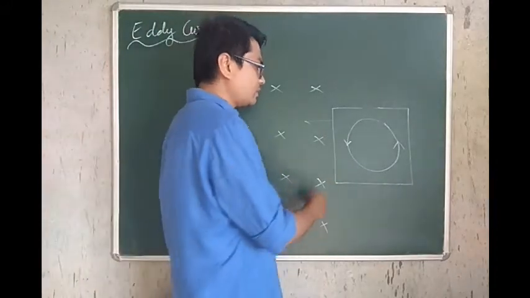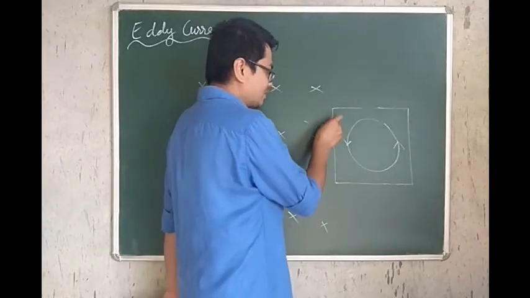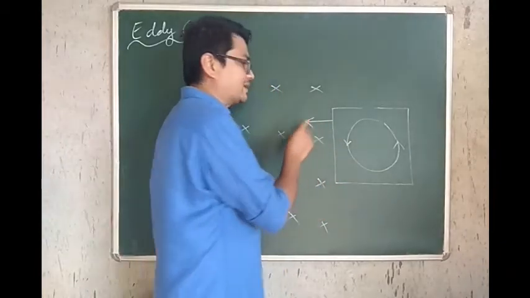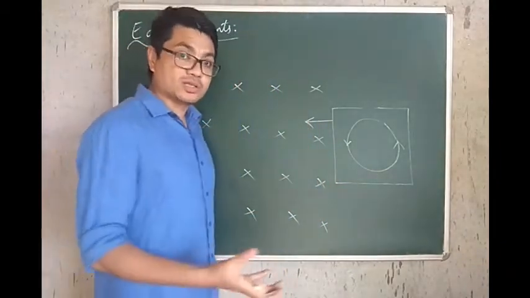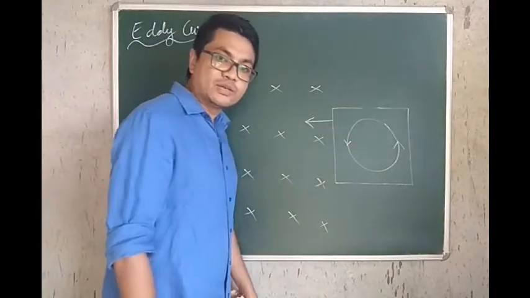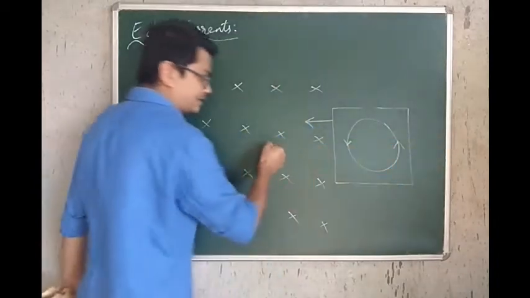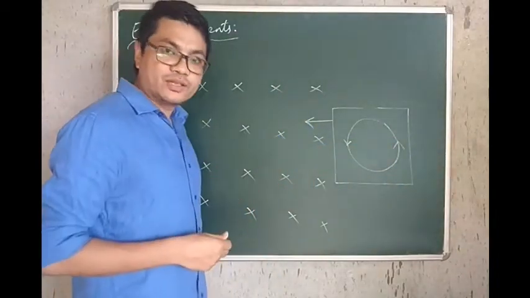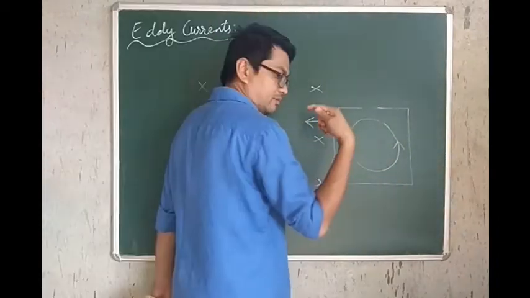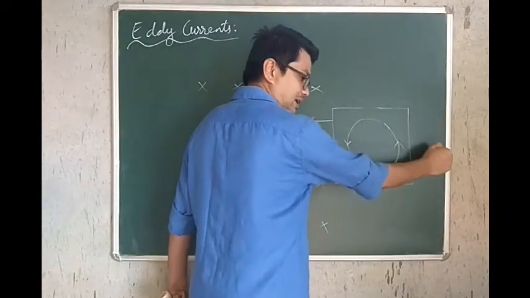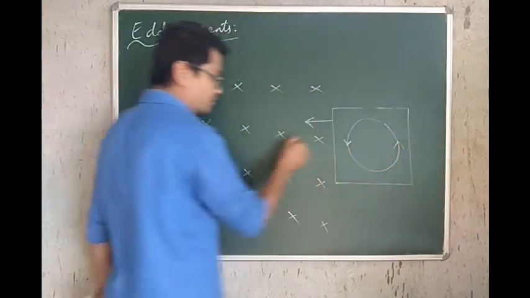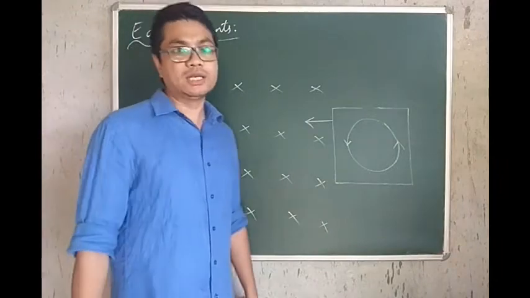So in this case, when we are trying to bring the metallic plate inside the magnetic field, what is the cause of this induced current? The cause of the induced current is the sudden increase in the magnetic field or magnetic flux. Because initially there was no magnetic flux linked with the conductor, and when we bring it inside, there is magnetic flux linked with the conductor.